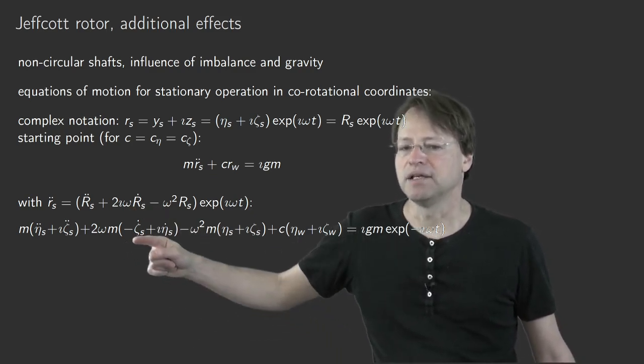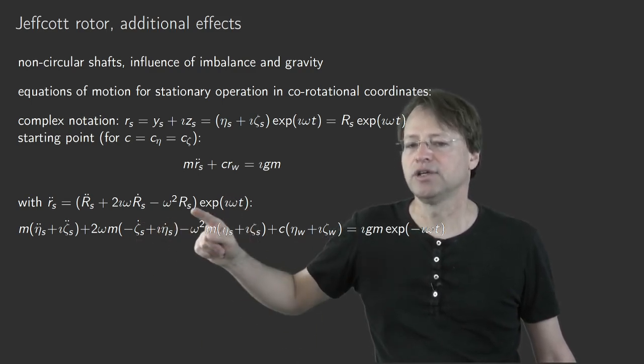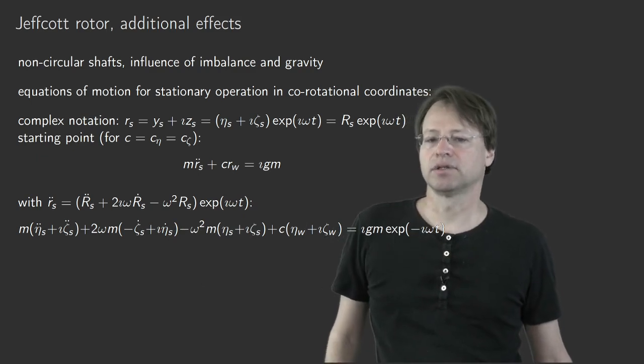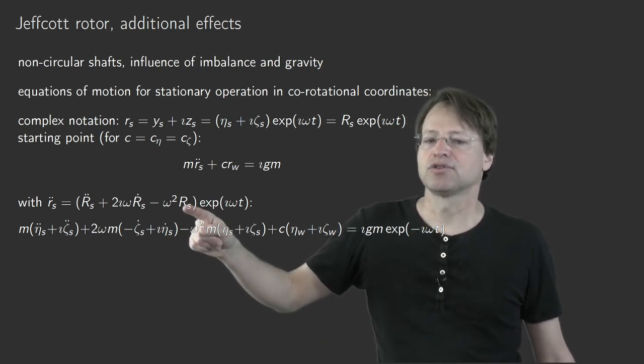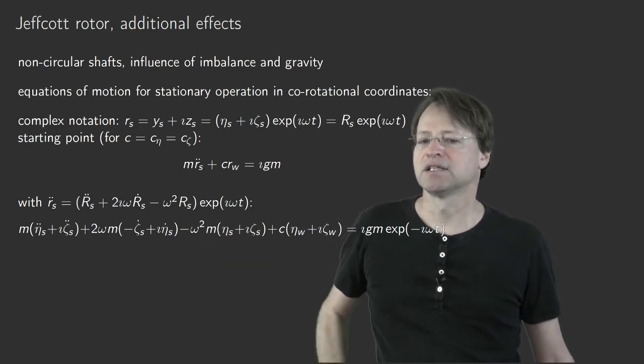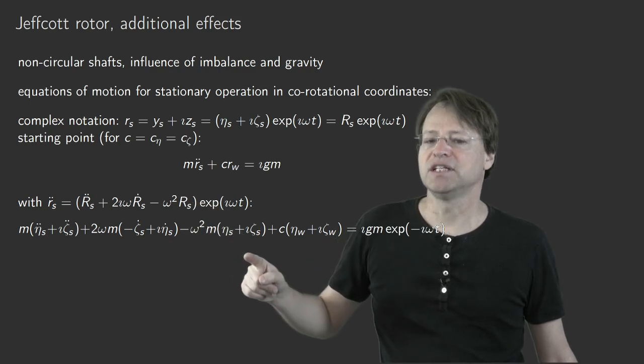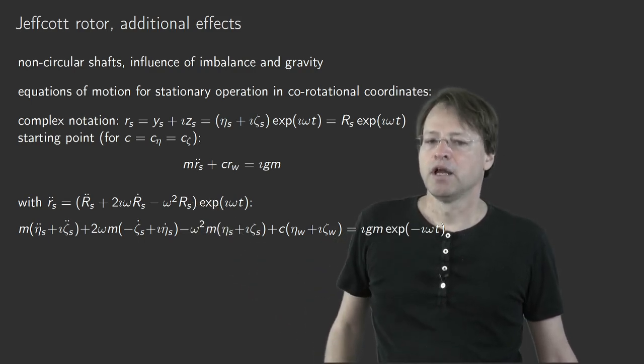This yields minus zeta s dot plus I, the imaginary unit, times eta s dot. And finally, we have the last term in the inertia part, which is minus omega squared times the mass. And then we have to multiply with that complex number here, which is eta s plus I zeta s.